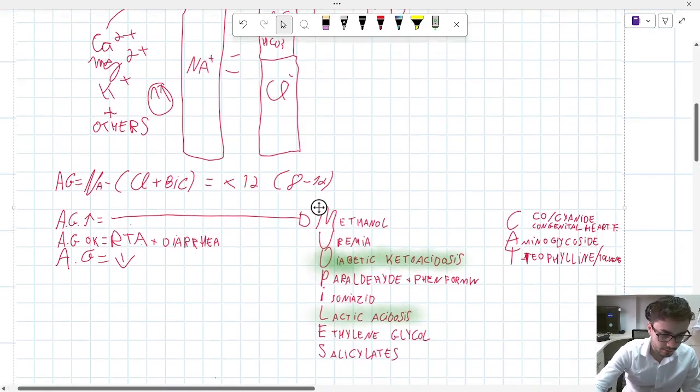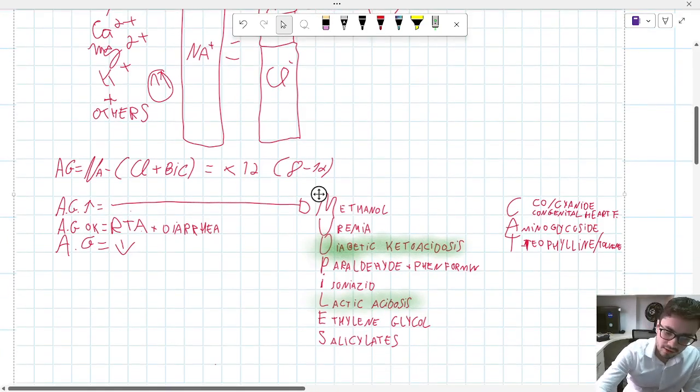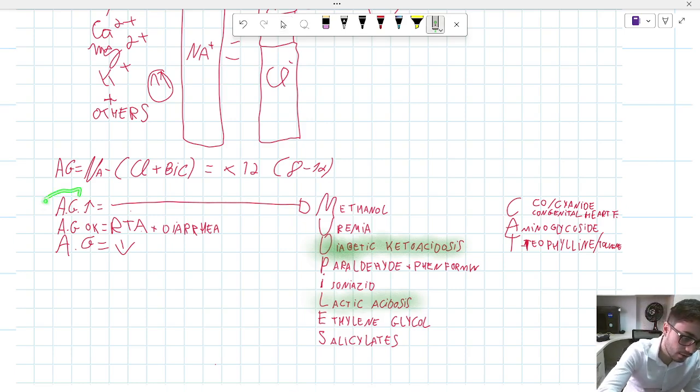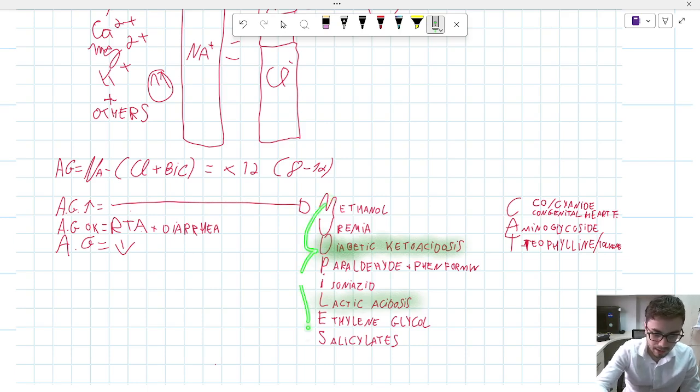So Pedro, what are the causes of a metabolic acidosis with an increased anion gap? Okay, you can see here I got a mnemonic for you to try to remember this more easily. It's MUD PILES.